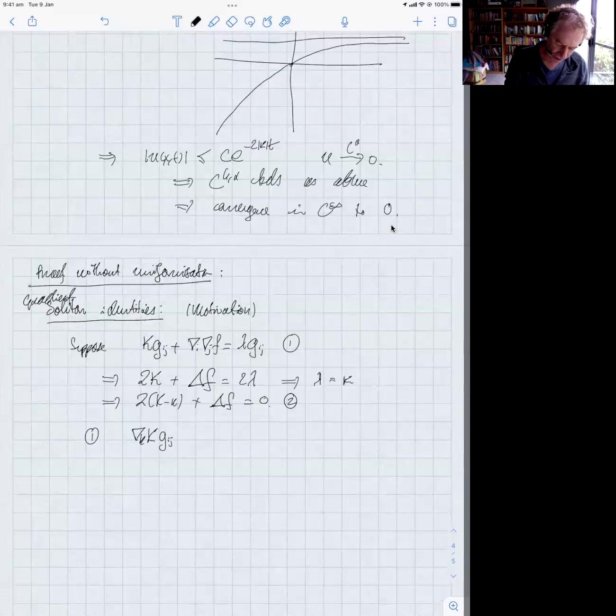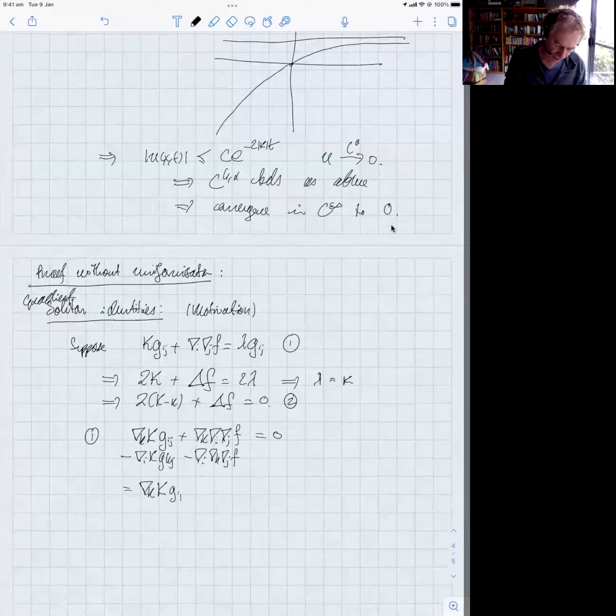Now from equation 1, if I differentiate in a k direction, I get the k derivative of Gauss curvature times g_ij plus a third covariant derivative of f would be 0. And now I subtract the same thing with i and k interchanged, so that the terms on the right become a curvature term. So what I end up with is gradient k Gauss curvature times g_ij, and this would be R_kijp gradient p f.